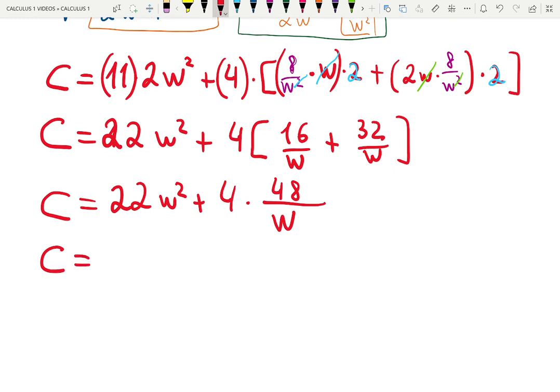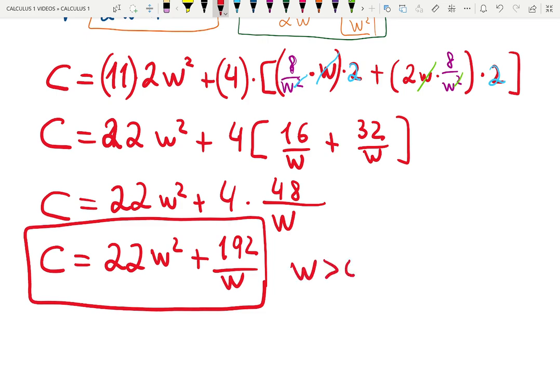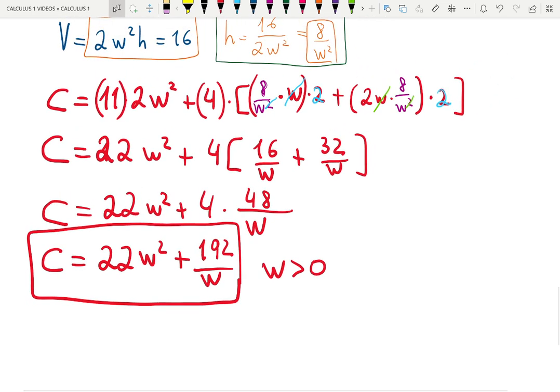C equals 22w squared plus 192 over w. Yay! So the last line is the one I should have done in red. Everything else is intermediate calculation. This is the objective function to minimize.